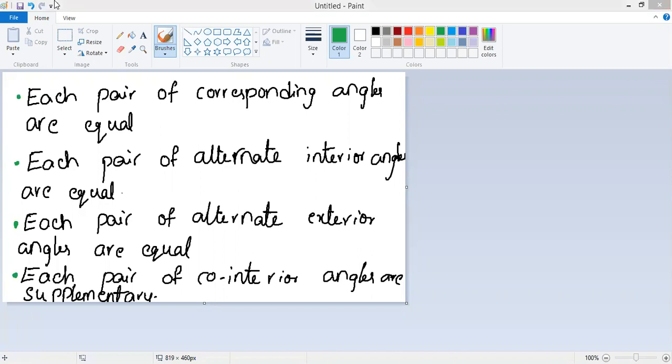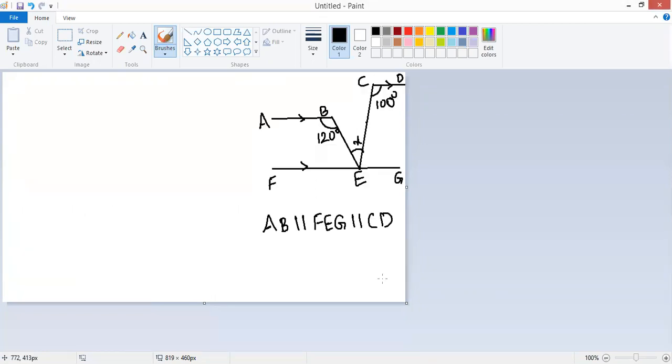Now, coming to our question. He gave that AB is parallel to CD and also parallel to FEG. If we consider AB parallel to FEG, we can consider line BE as a transversal.